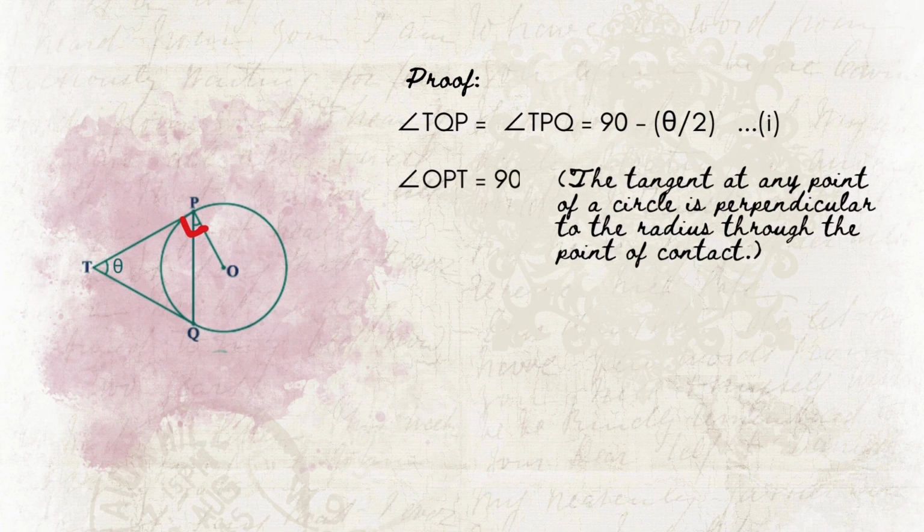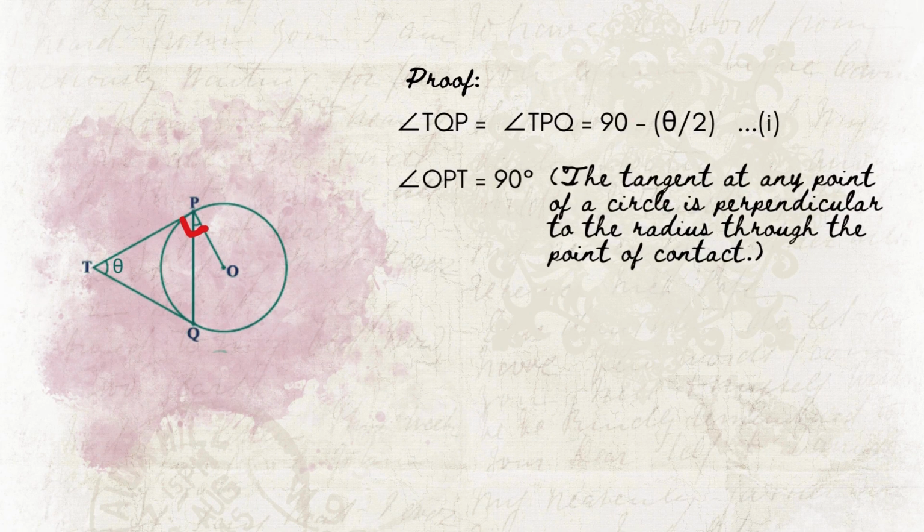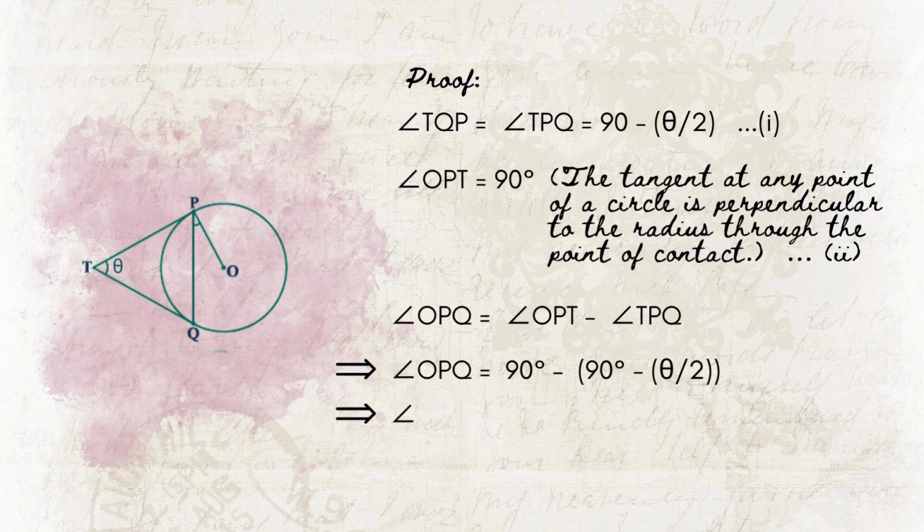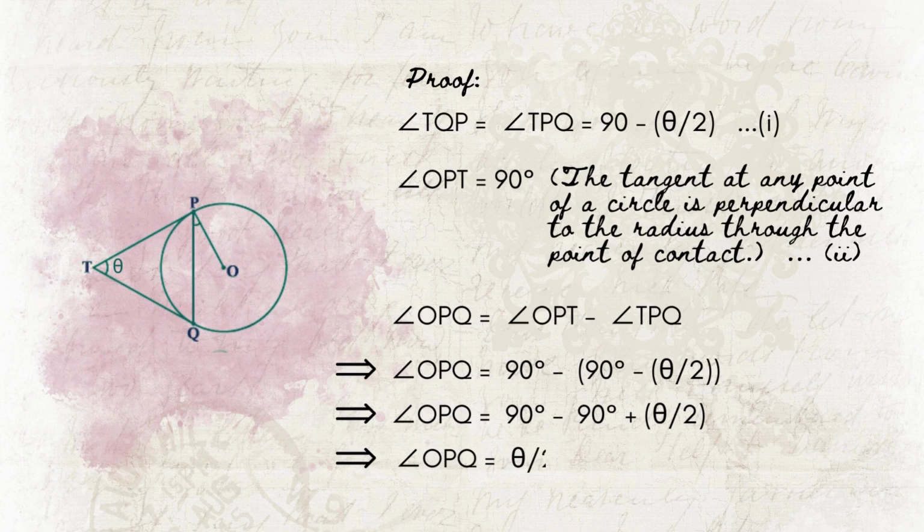Now angle OPT is equal to 90 degrees. Angle OPQ is equal to angle OPT minus angle TPQ. Substituting the given values, we get angle OPQ equal to theta by 2, or we can say theta is equal to twice of angle OPQ.